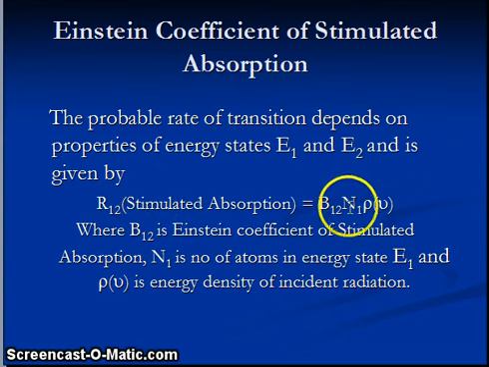Here B12 is the Einstein coefficient of stimulated absorption, N1 is the number of atoms in energy state E1, the ground state, and rho nu is the energy density of incident radiation. So this is the probable rate R12 stimulated absorption, equal to B12 N1 rho nu. We can take stimulated absorption as a subscript in this case if you want.